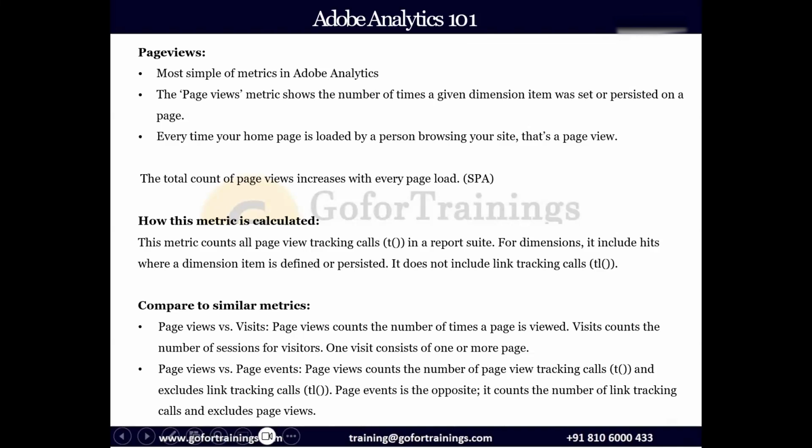Yeah, it's clear. So this can be done in two ways. Either you track all the page views through one rule. Every time a page is loading, that rule that you create in a tag manager will send all the data to Adobe Analytics for every page.